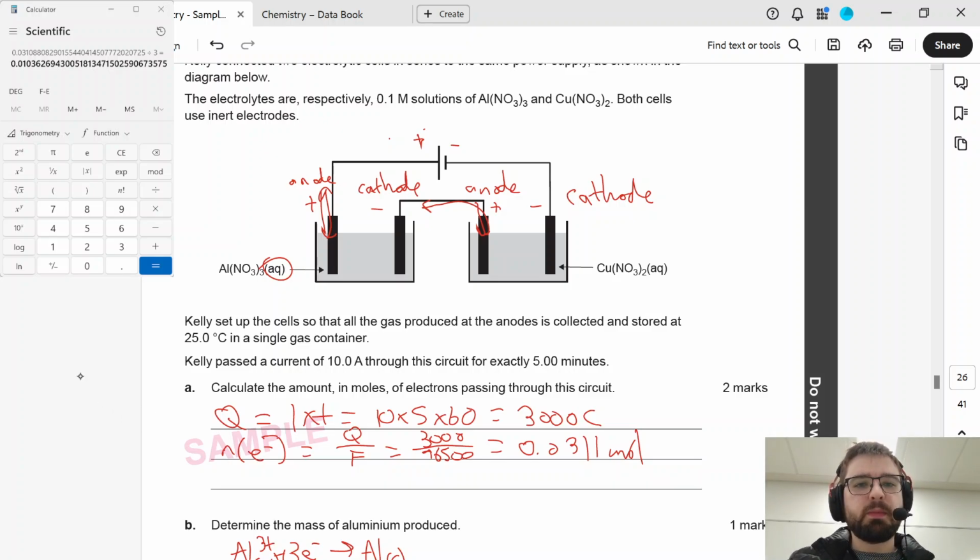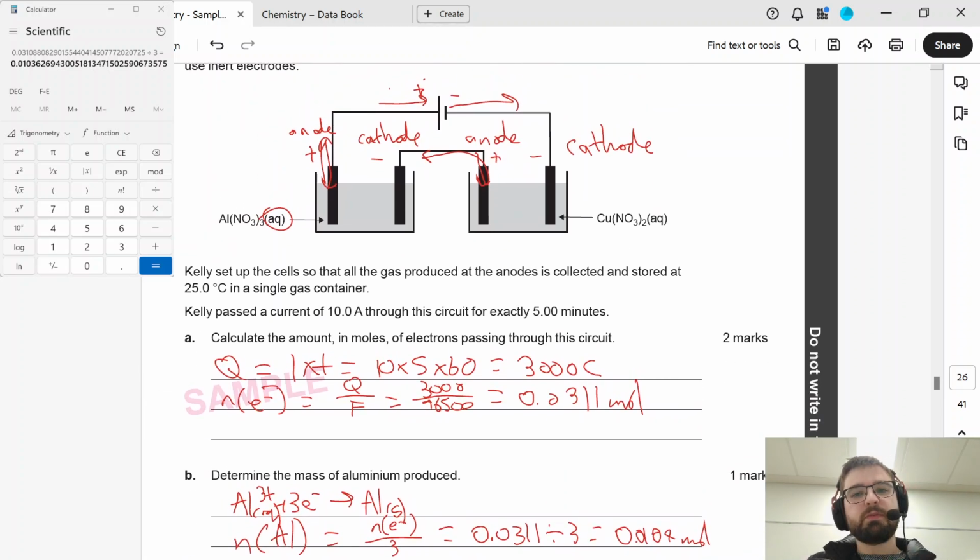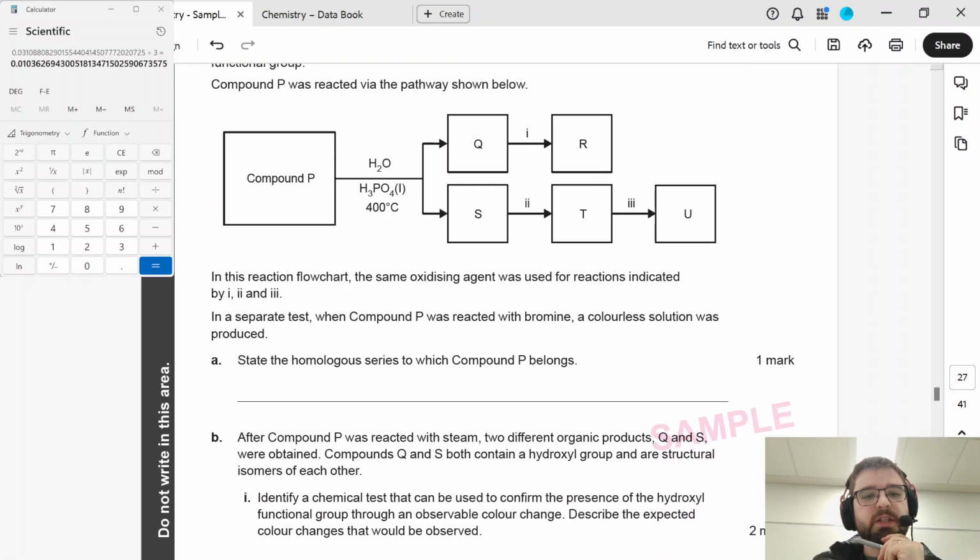And same with the power source. You can't have 5 moles come out here and 2.5 moles come in here, because where would the rest of the electrons go? You'd have a massive buildup of negative charge over here. So they're going to be the same.